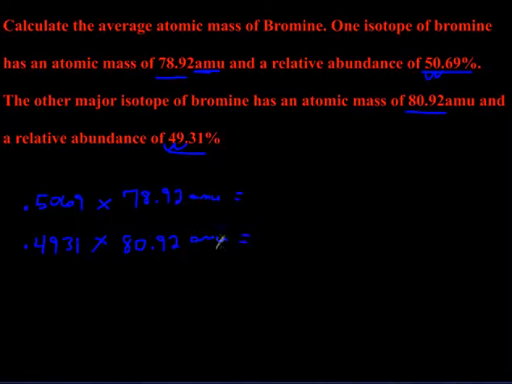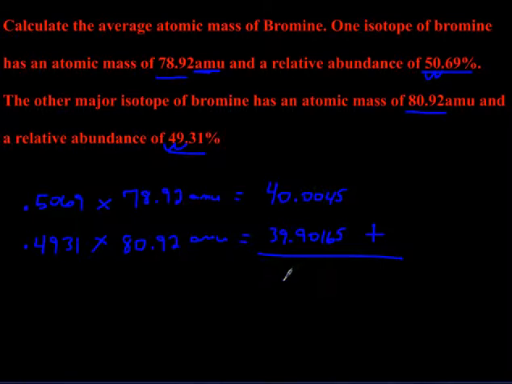Okay, so these I'm just going to punch in the calculator, but I did them ahead of time for us. 40.0045 and 39.9016. Next thing we do is add them up.